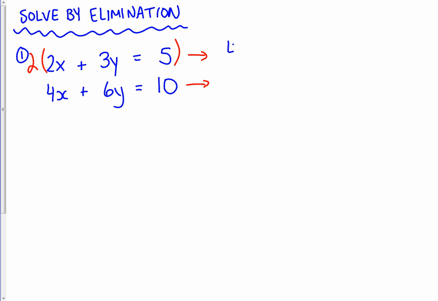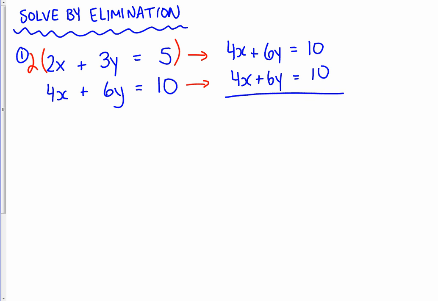So we have 4x plus 6y equals 10, and 4x plus 6y equals 10. What happens when I subtract these two equations? Everything cancels out, so we get 0 equals 0. Remember back in your notes, I said this doesn't mean anything yet, but it will in the future when we talked about number of solutions.